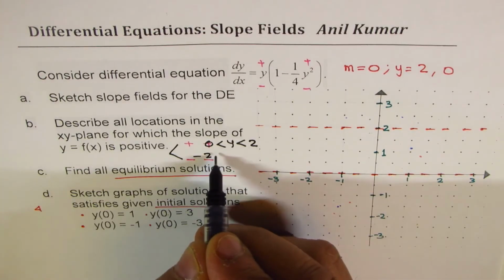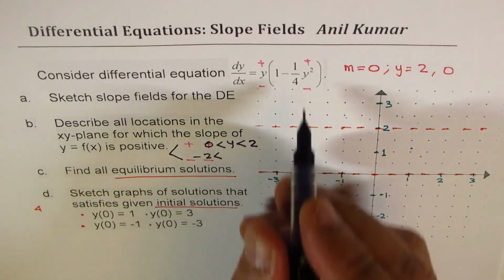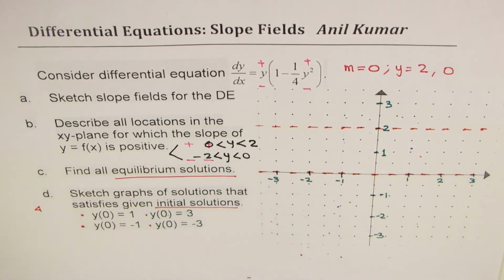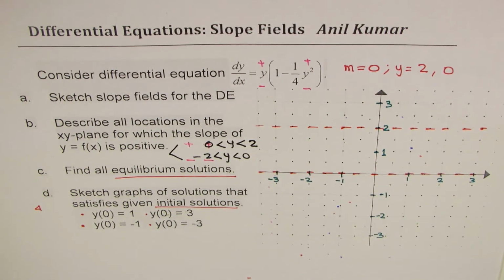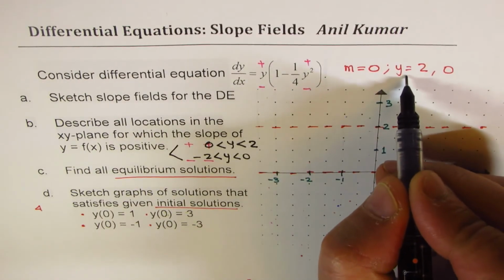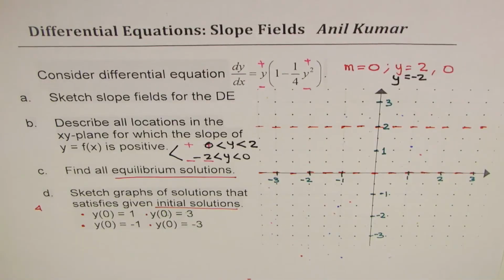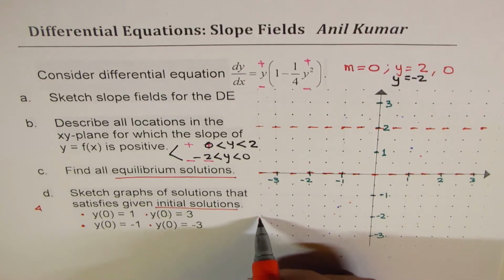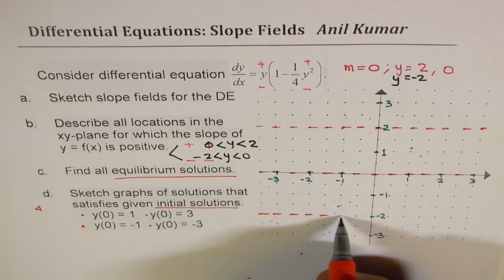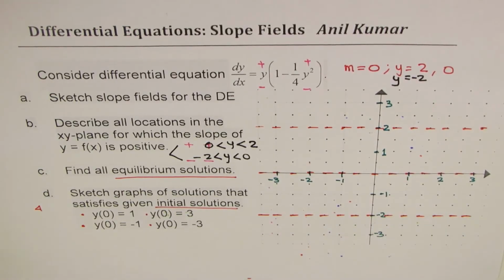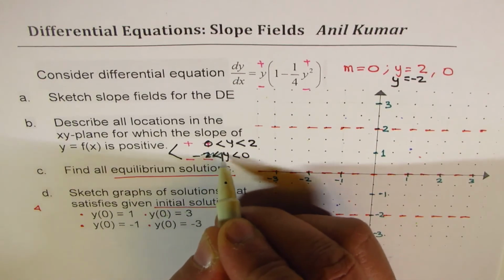So minus 2, I meant absolute value because y squared, right? And it is between minus 2 and 0. Even for y equals minus 2, we get a 0. Is it okay? So I missed that part earlier. Here also it should have been zeros. Correct? Since it is y squared, we get zeros here also. Sorry, I should have.